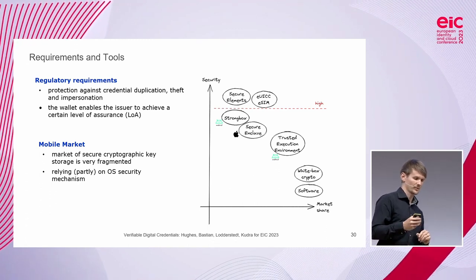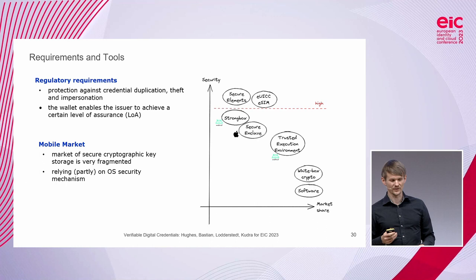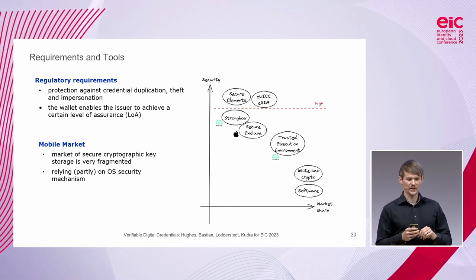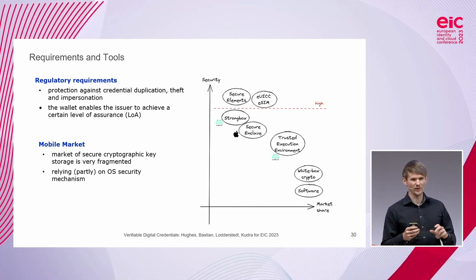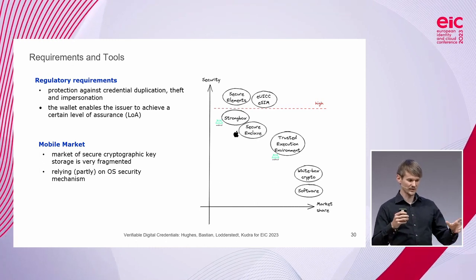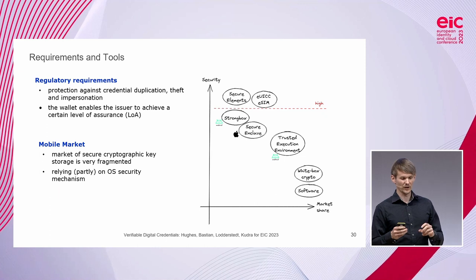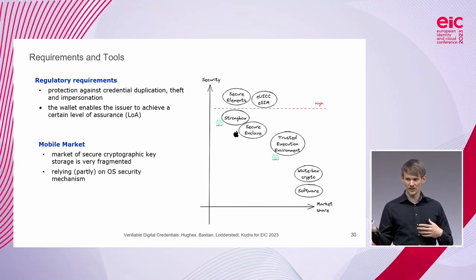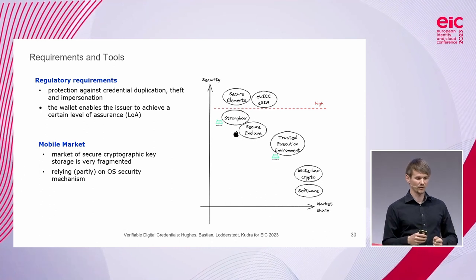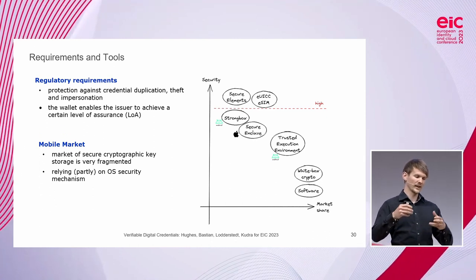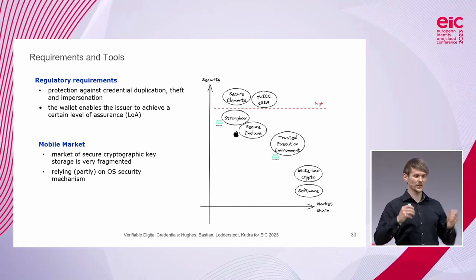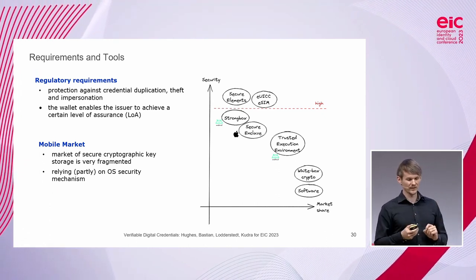And the challenge that we have, on the right diagram, is that there are different security mechanisms present in today's mobile phones. And so the market is kind of fragmented. We could put everything in a software key that has a very high market share, but then this has a very low security. And the more we get into high security regions, there are more fragmented mechanisms.